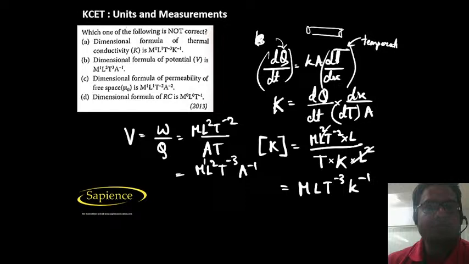Dimensional formula of permeability of free space, that is mu naught.